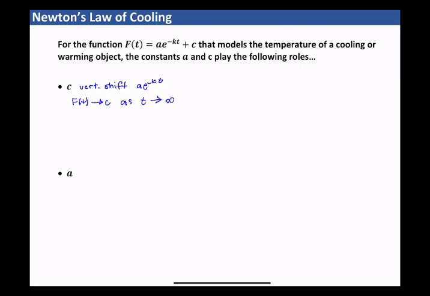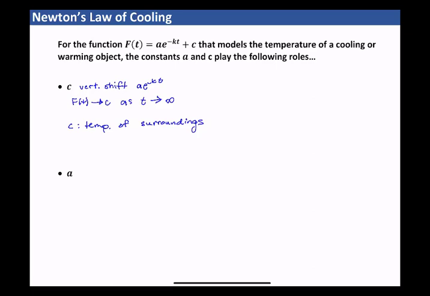In context, the longer an object sits in its surroundings, the closer the object's temperature is to the surrounding temperature. For example, if I leave my coffee out on the table all morning, it will eventually cool to close to room temperature. Thus, we can conclude that c represents the temperature of the object's surroundings. It's the temperature the object is going to tend towards as time goes on.